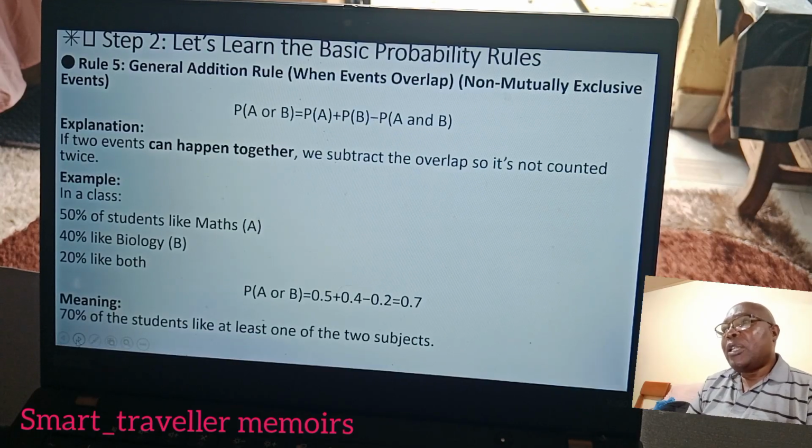If two events can happen together, we subtract the overlap, so it's not counted twice.